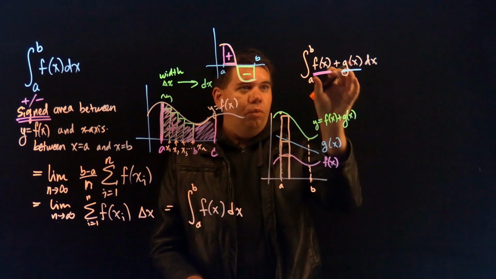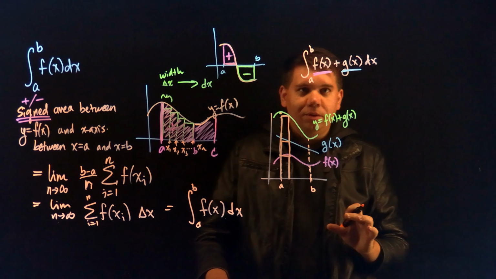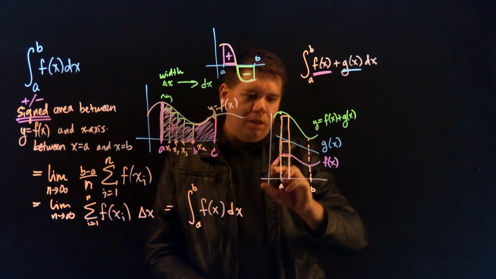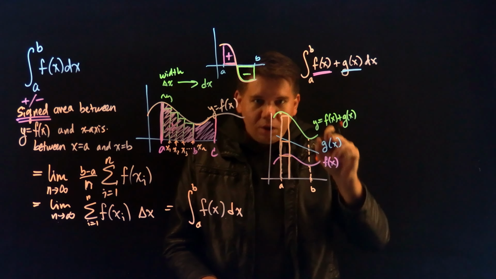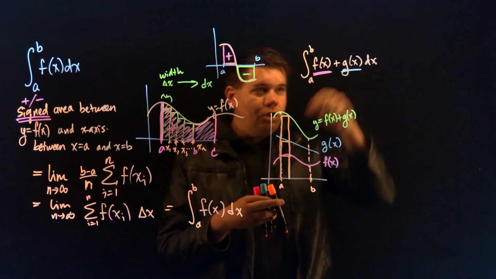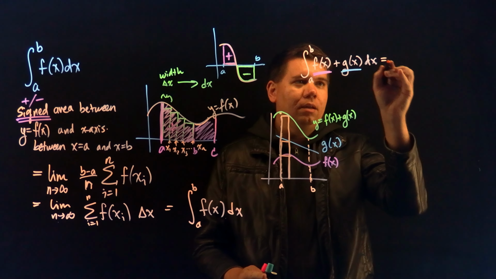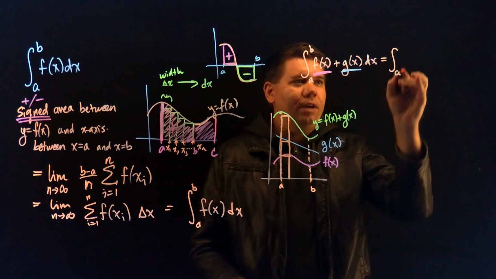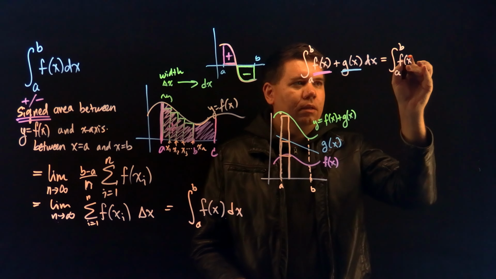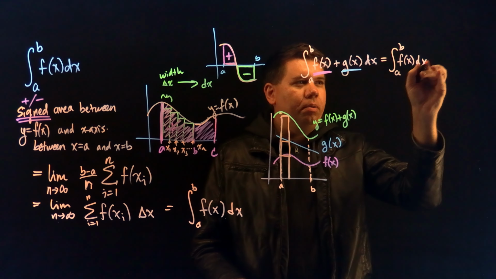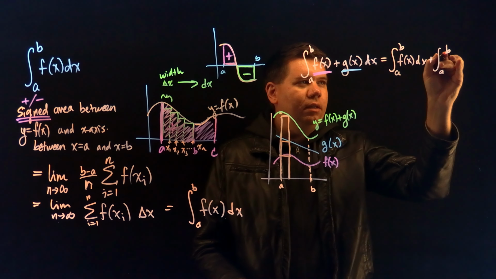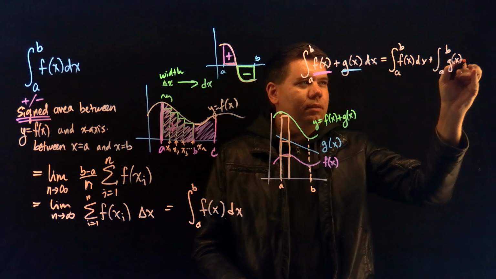Which means when I sum up all the areas of all those rectangles, it'll be the same as just summing up all the f of x rectangles plus all the g of x rectangles. And so this will just come out to be the area under f of x plus the area under g of x.